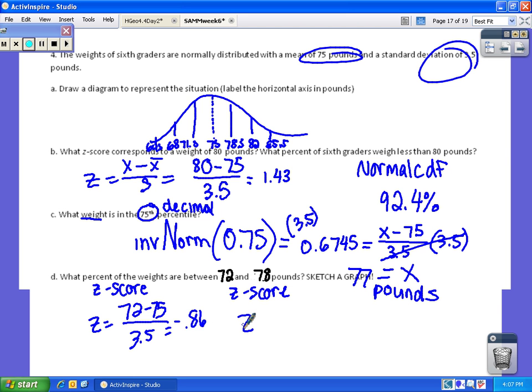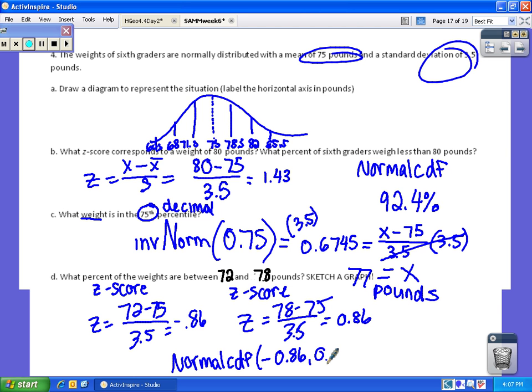My z-score for 78 is going to be 78 minus 75 all over 3.5, and I get positive 0.86. I plug this into the calculator. Under normal CDF, negative 0.86, comma, positive 0.86, and I get about 61%.